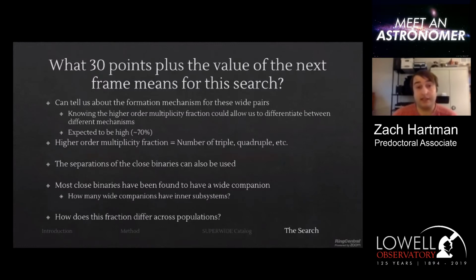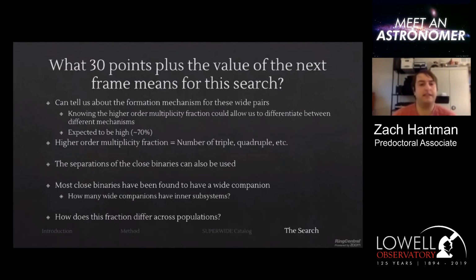One of the interesting things about these triple systems is that most close binaries, those binaries with periods of a day or so, have been found to have a wide companion. So essentially, we're flipping this the other way. We're basically saying, okay, we have these wide companions.